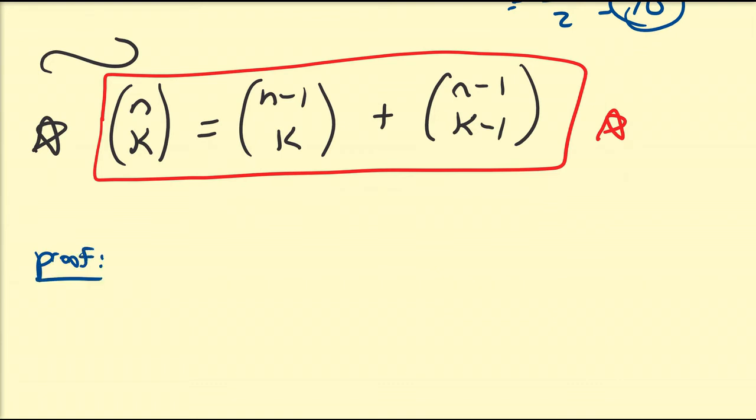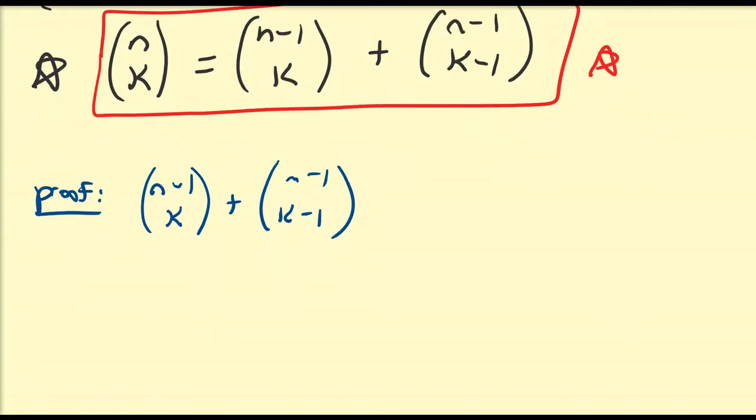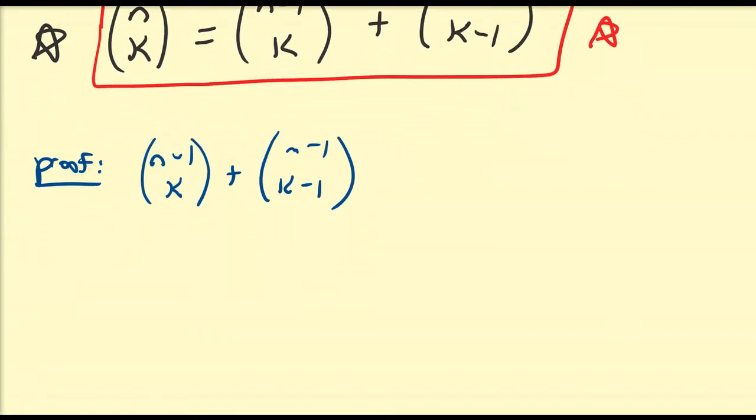So proof. Let's start with the right hand side. So let's look at n minus 1 choose k plus n minus 1 choose k minus 1. Let's work on this a bit. Alright, so let's first start off by writing these in factorial form.